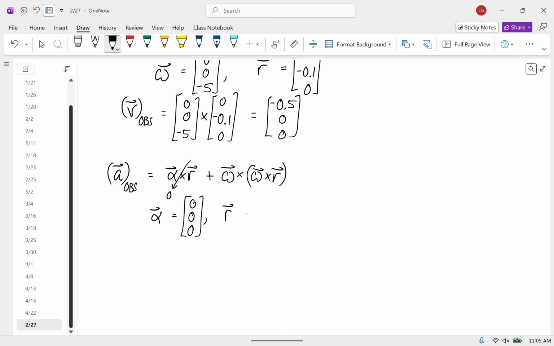R is the same thing as it was before, 0, negative 0.10. Omega, this is the omega of not the coordinate system, but the body. This is the angular velocity of the cowboy. So this is, what was it, 0, 0, -5.